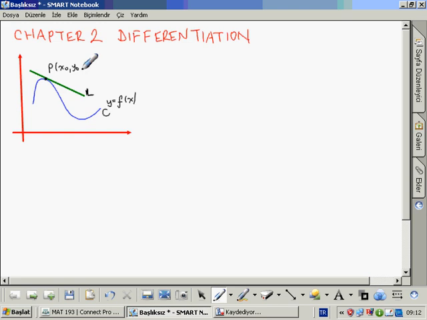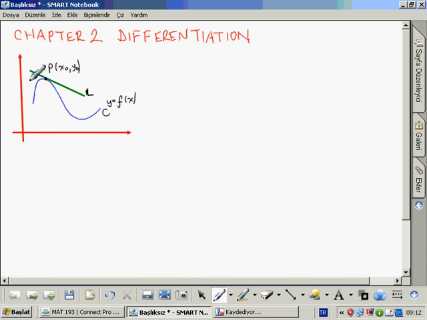As you see, this point is P, which is the intersection point of the L line and the C curve. What do we mean when we say that the line L is tangent to C at the P point? This is the tangent point, and our past experience with tangent lines to circles does not help us to define tangency for more general curves.